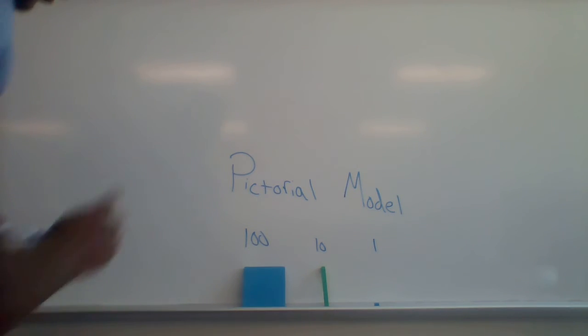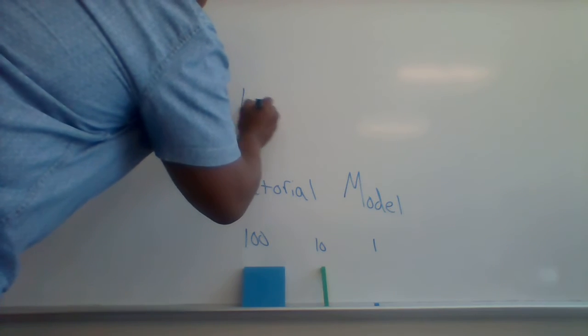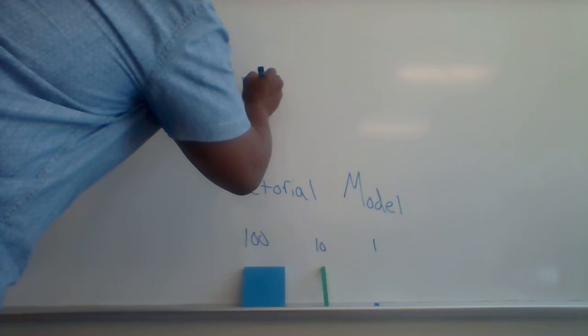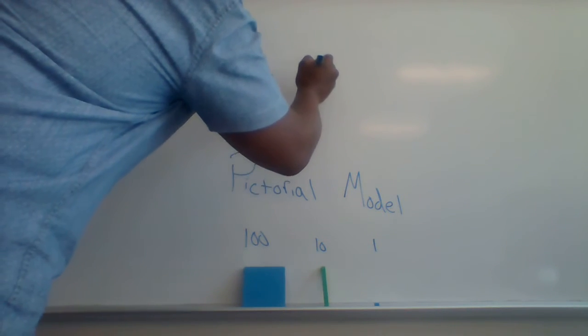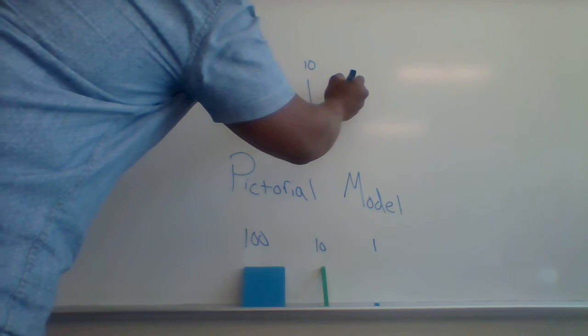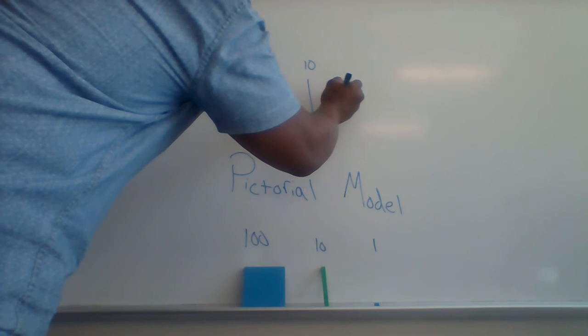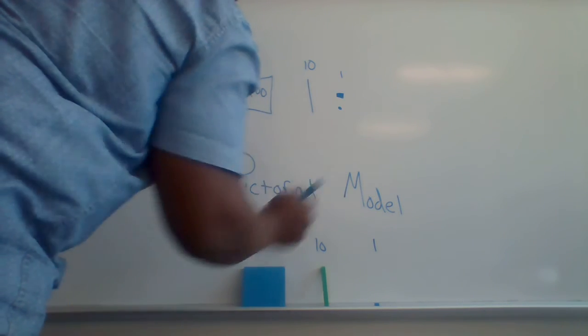So if I were to draw this in a pictorial model, I would draw one flat that represents 100, one rod that represents 10, and one cube that represents 1, or you can simply put a dot if you like.